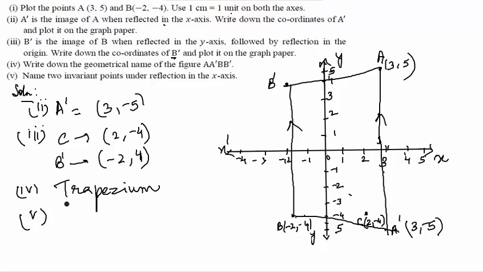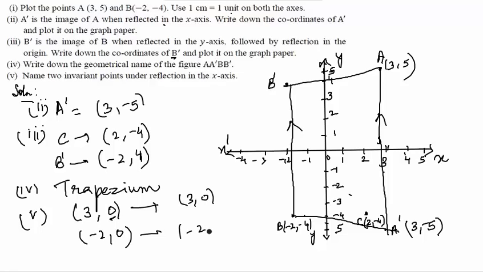So if we take any point on the x-axis, say (3, 0) and (-2, 0), on reflection the sign of y coordinate will change. 0 does not have any sign, so it will be (3, 0) only and (-2, 0). So therefore they are invariant points under the reflection in x-axis.